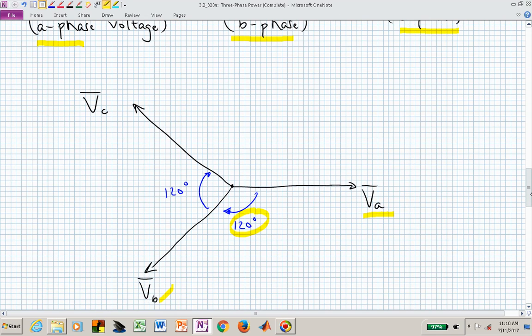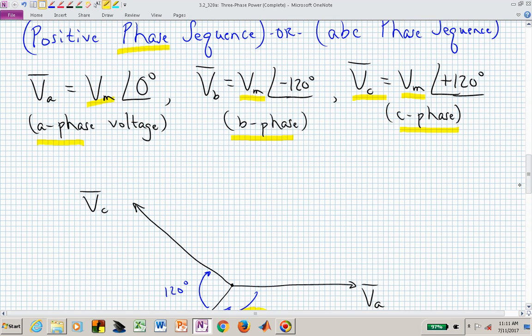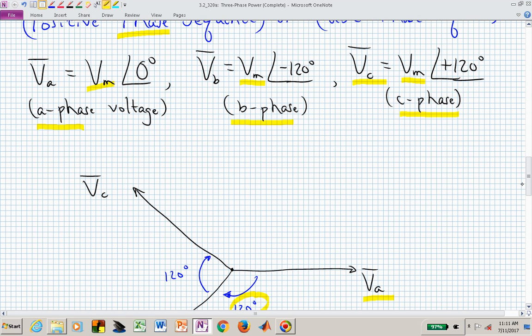The B phase is now 120 degrees behind the A phase, and the C phase is 120 degrees behind the B phase, but typically we try to keep these angles less than 180 degrees. So minus 240 degrees is equivalent to plus 120 degrees.